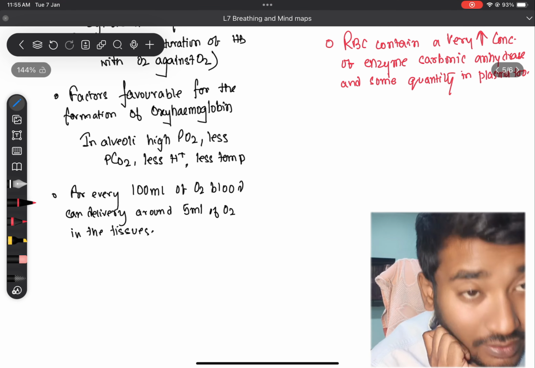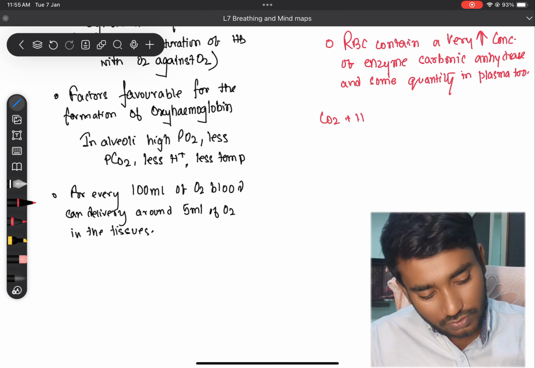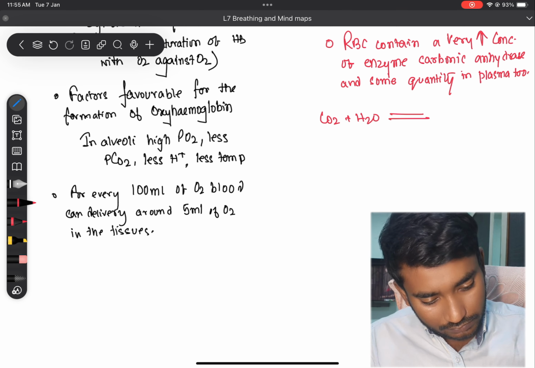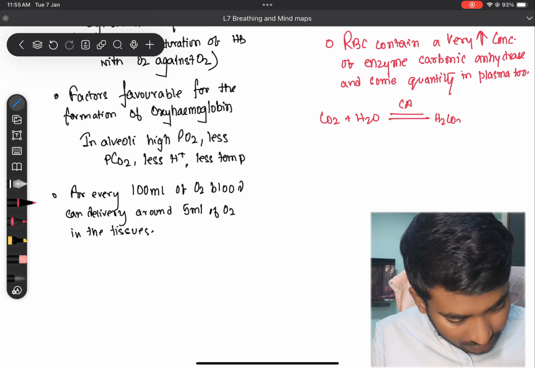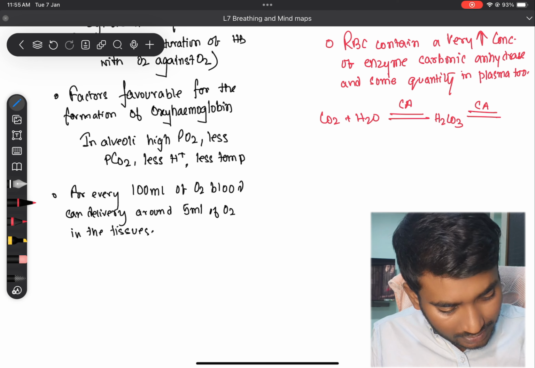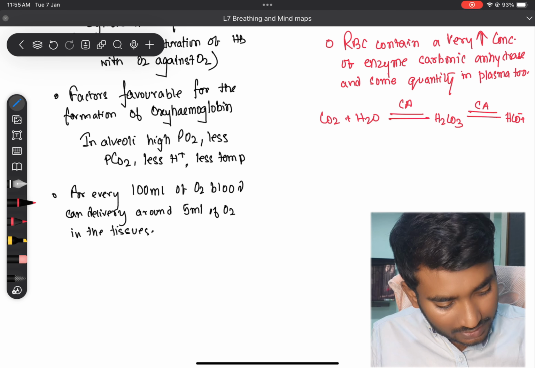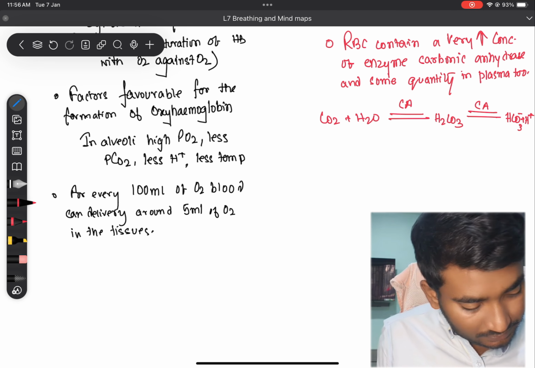So I am writing the reaction here. CO2 plus H2O, by carbonic anhydrase, forms H2CO3. Again by carbonic anhydrase, it forms HCO3 minus plus H plus.